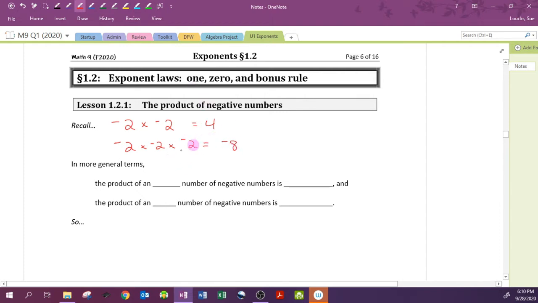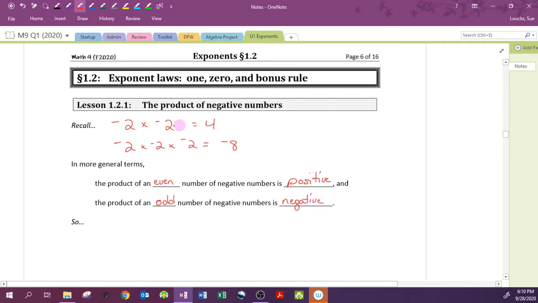And in more general terms, the product of an even number of negative numbers is positive, and the product of an odd number of negative numbers is negative. We talked about this before.